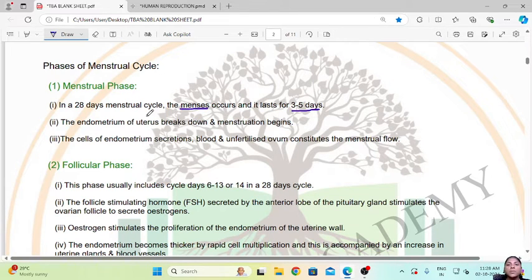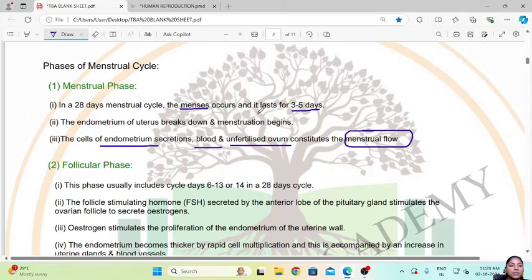Now what does this menstrual flow or menstrual blood consist of? It consists of the cells of the endometrium, secretions, the blood and the unfertilized ovum. All these will constitute the menstrual flow.